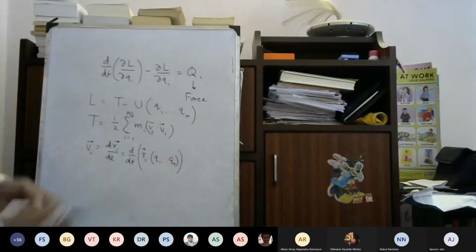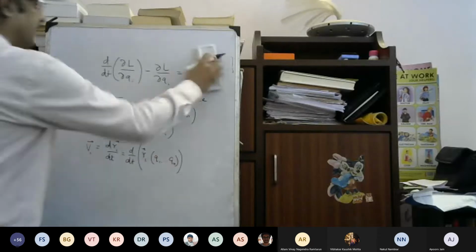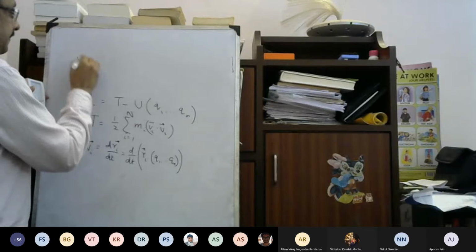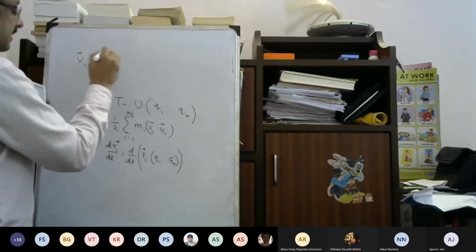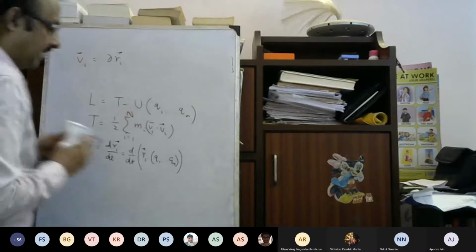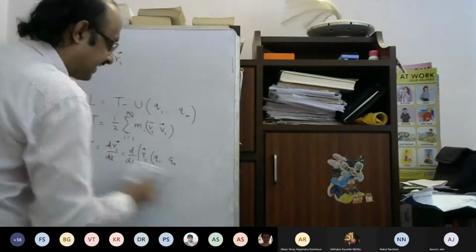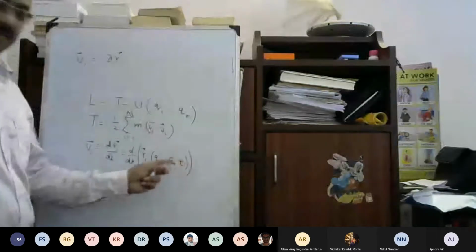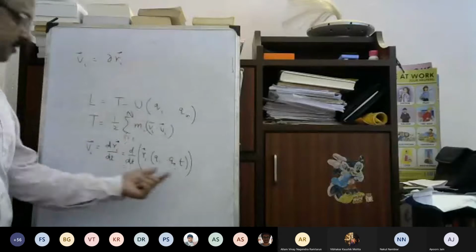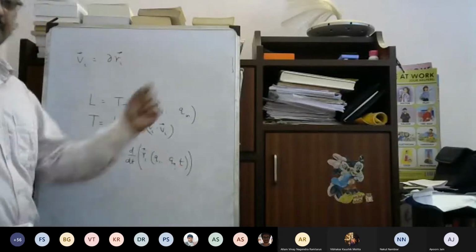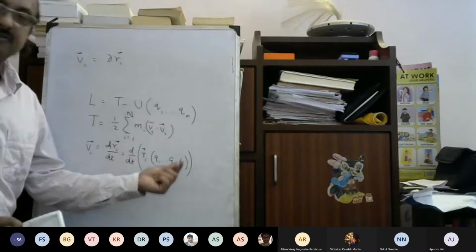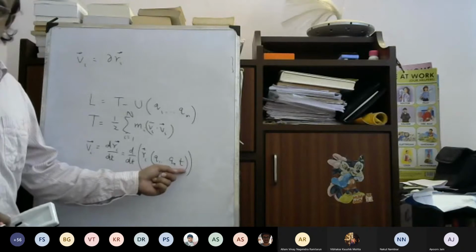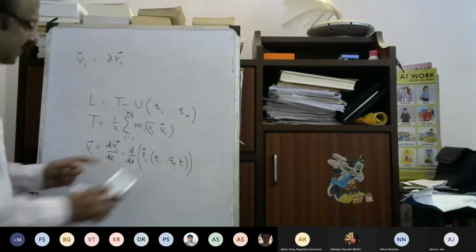So if you consider that, then the velocity will be equal to the derivative of Ri. In general, Ri will be a function of Q1, Q2, Qn, but sometimes, if you have displacement excitation, that means if you give a specific time variation to a position, then R may be explicitly also a function of time.